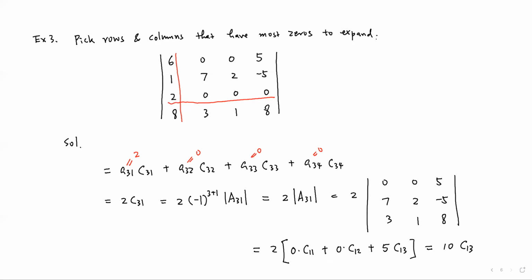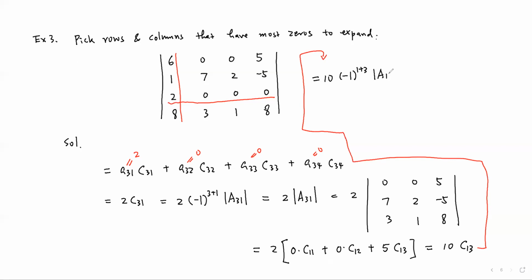Let me continue my solution here. Then I get 10 times capital C13. By formula, it is (-1) to the 1 plus 3, determinant A13. 1 plus 3 is 4, (-1) to the 4th is +1. So 10 times A13.